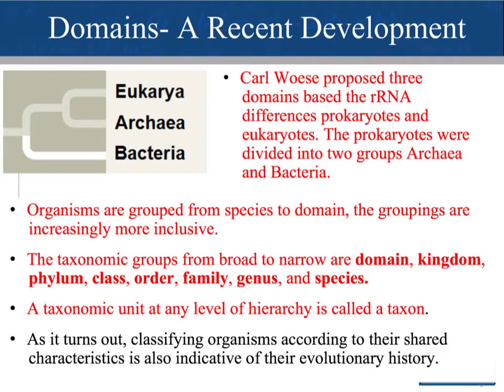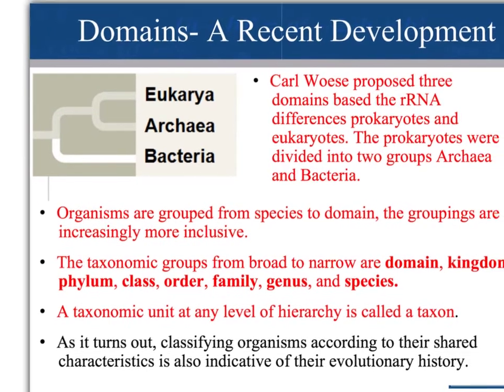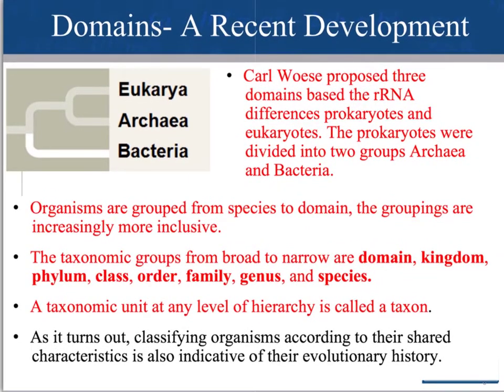Eukaryotes had enough similarities that they're all one big domain of their own called Eukarya. Whereas prokaryotes had enough differences that they could actually be split into 2 groups called Archaea, which are fairly closely related to Eukarya, and Bacteria.